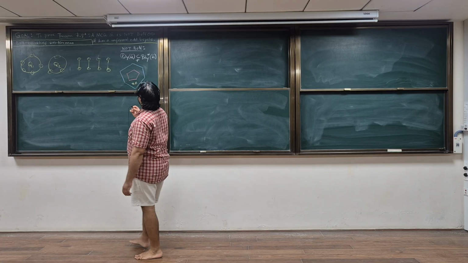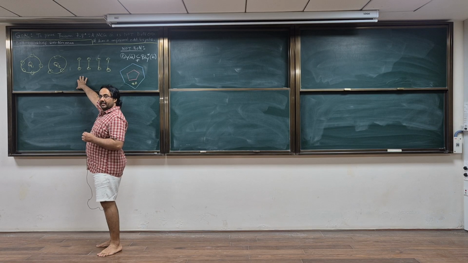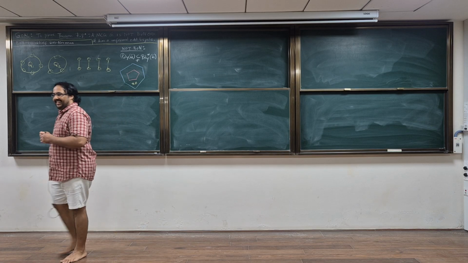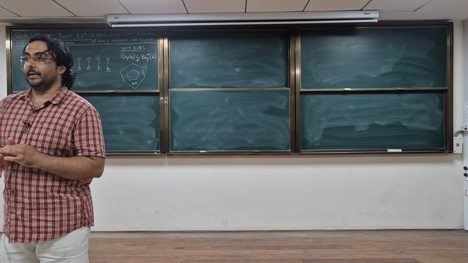So the easier direction is, I've drawn this for a reason. There is a conformal odd bicycle. Now convince yourself that the perfect matching polytope is indeed a proper subset of the fractional perfect matching polytope.